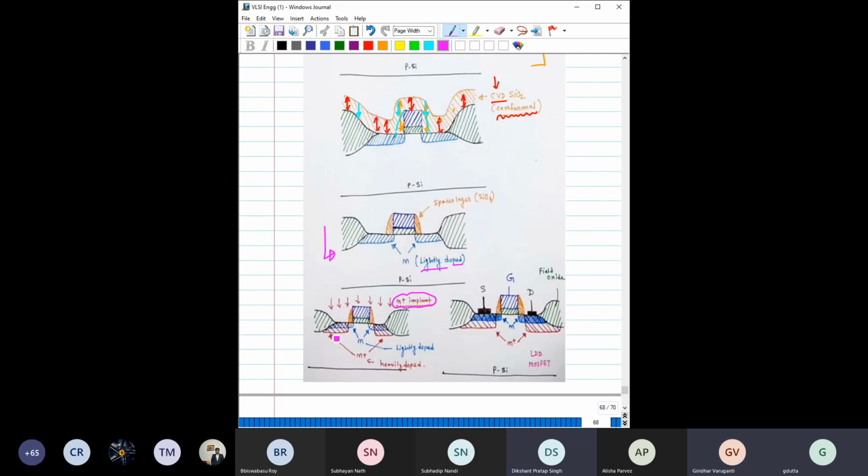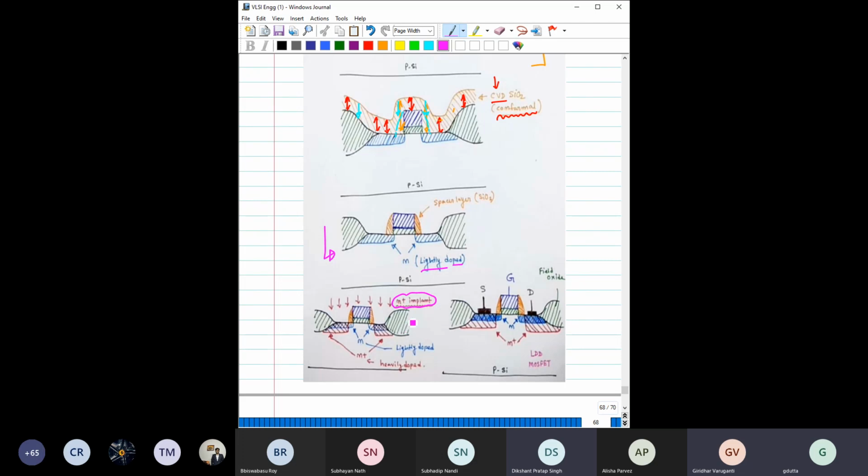As a result, the doping profile would look like this. This region becomes heavily doped, which is N plus, and the region which was earlier lightly doped remains lightly doped here. So this region is lightly doped, and this is heavily doped.